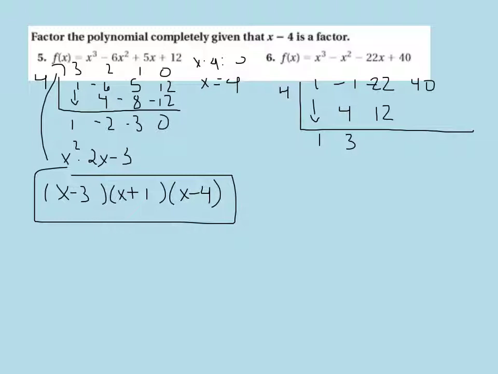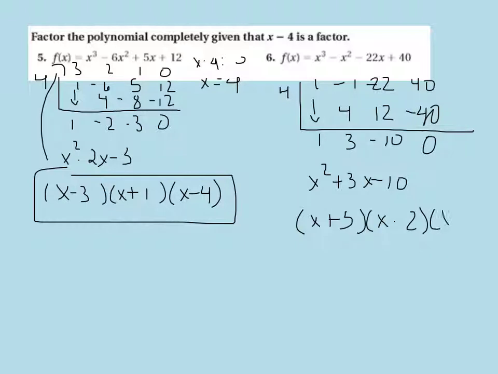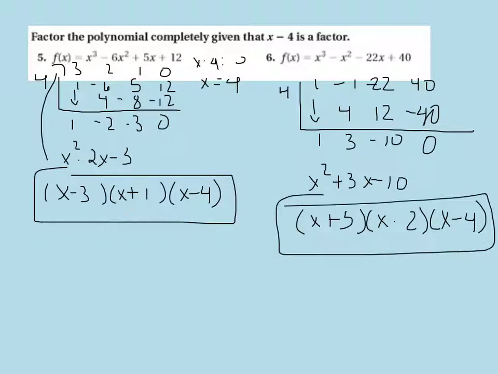So that would be negative 10, negative 40, and 0. x squared plus 3x minus 10. So I would have x plus 5, x minus 2, and don't forget the x minus 4. So there we go with that.